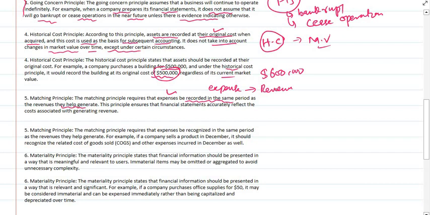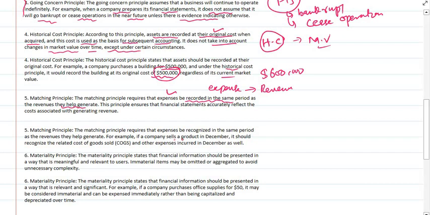It means that expenses will be recorded in the period when the revenue is generated. So this principle ensures that the financial statements accurately reflect the company's profitability by matching expenses to the revenue they help generate.